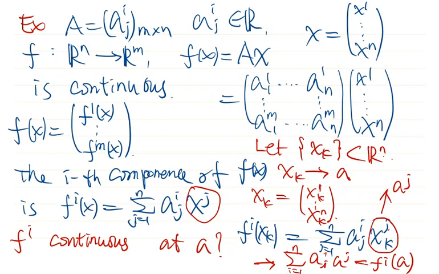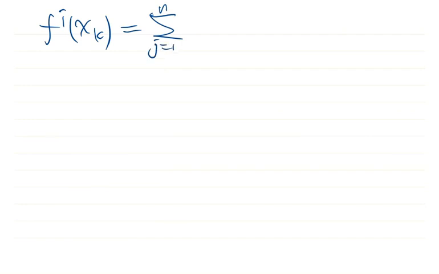Sorry, we do not have enough place to write this down. Anyway, the idea is clear. So fi(xk) is the sum over j from 1 to n of a_ij xjk.